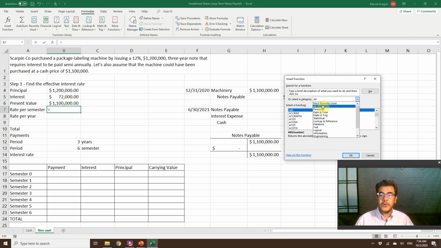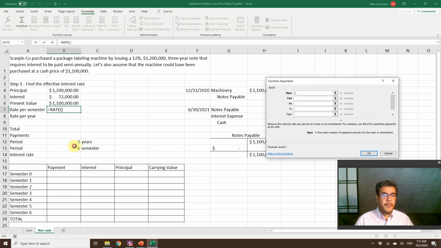It will be easier for you guys to see it. Rate, number of periods, 6 semesters. PMT, how much we will be paying per semester. Present value 1.1, future value negative 1.2, and type nothing.